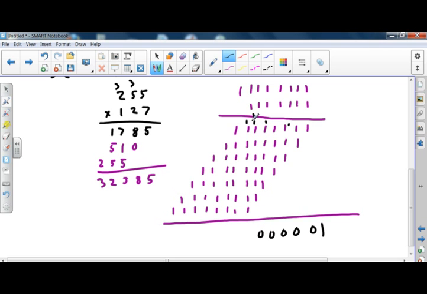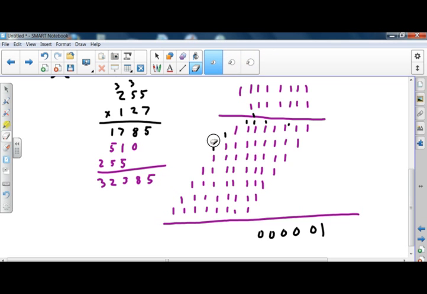The carry doesn't go there. The carry goes there, right? Because that's the 2's, no, 4's. No, that was one too far. That's 1 too far, right? 1 too far. Put it there.